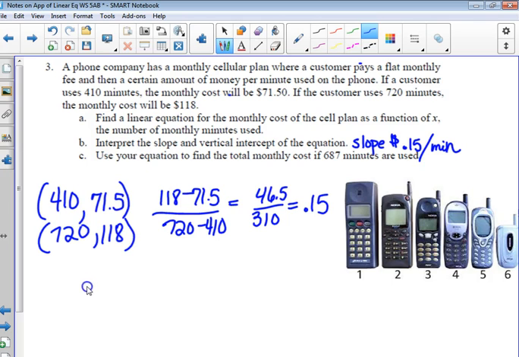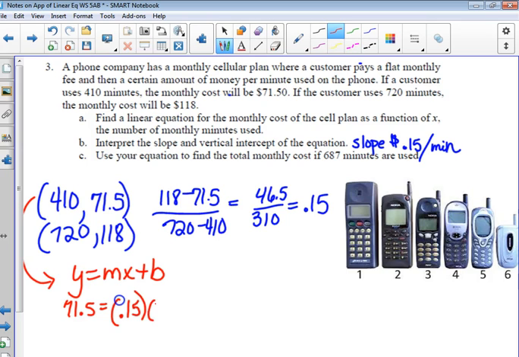Yes, because this is what he's doing, whether he knows it or not. He's putting this point in here, and you don't have to do it this way. You could use point slope, but he said 71.5 is your Y. The slope is 15 cents. The X value is 410.